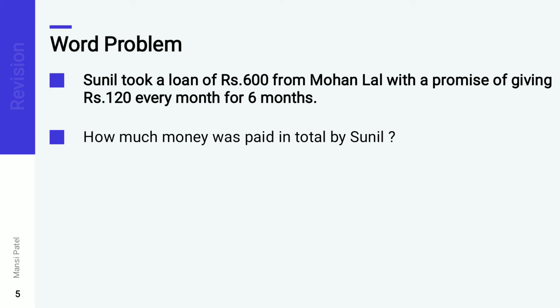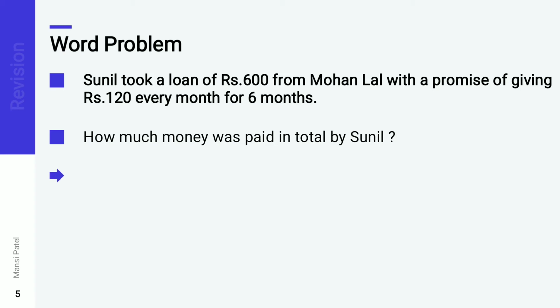Here you want to find out how much money is paid by Sunil in total. It means if he is paying rupees 120 continuously for 6 months, then what is the total amount?